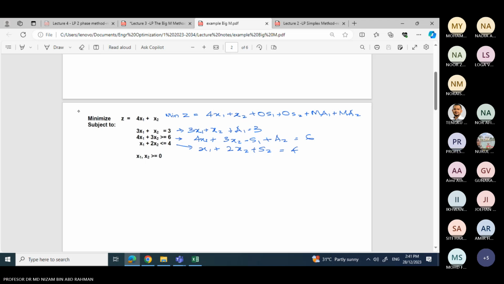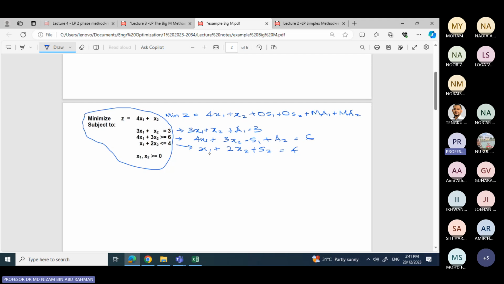So this is the linear programming model that we have to solve, right? And basically we convert all the constraints into simplex form. So we have 3x1 plus x2 plus a1 equals to 3. And then 4x1 plus 3x2 minus s1 plus a2 equals to 6.